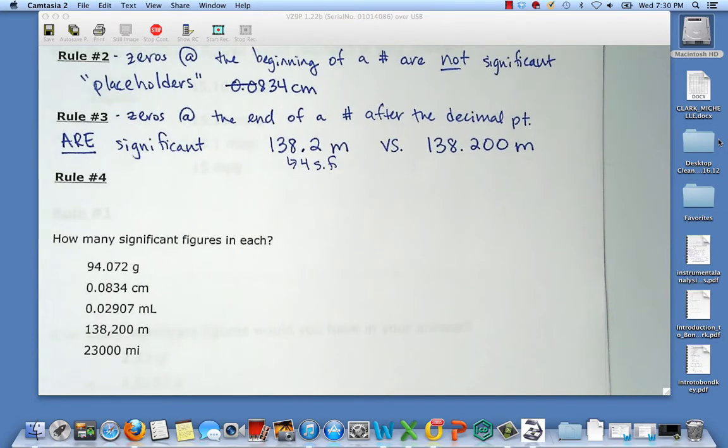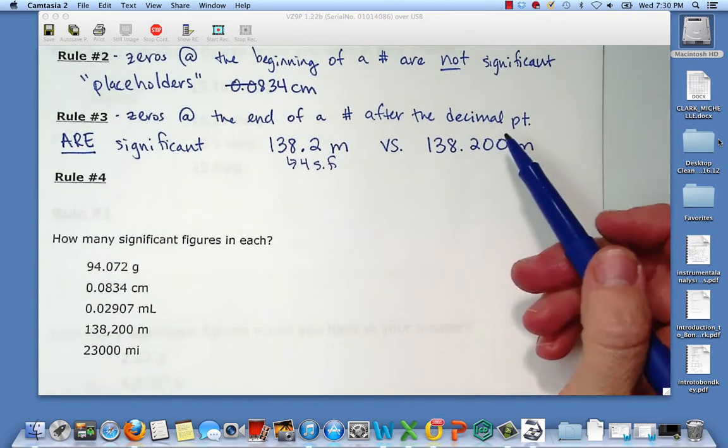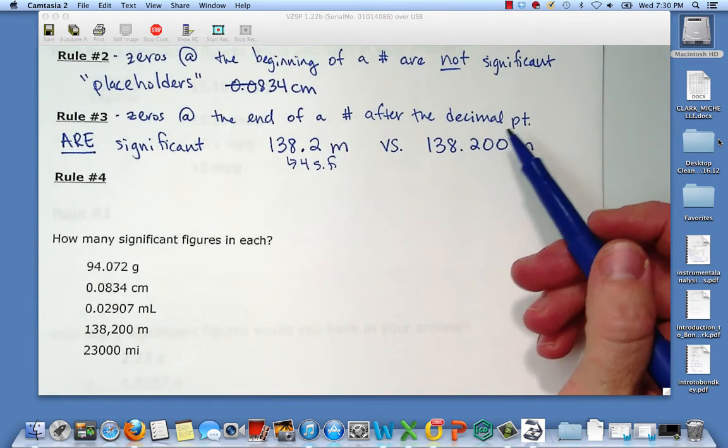The second measurement, 6. So these zeros, because they come after a decimal point, are significant.